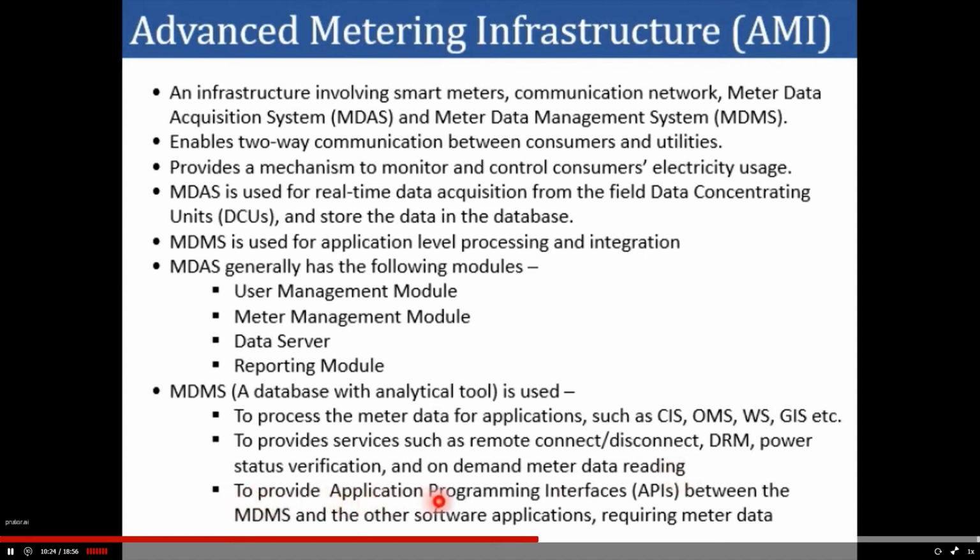It also provides an API, that is application programming interface, between the MDM and the other software applications which require the meter data. So basically MDM is developed as an analytical tool. So whatever meter data you receive from various smart meters, the processing of that data for any analytical purpose is done at the MDM level.